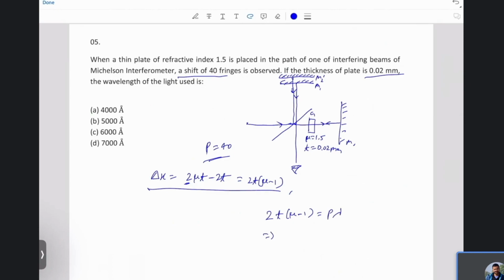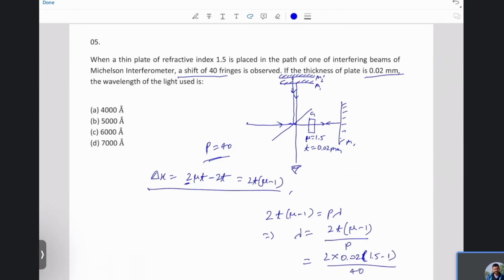P is 40, right? So we can calculate the wavelength of light using this expression, mu minus 1 t by P. The thickness is given as 0.02 mm, and the refractive index is 1.5, divided by P, which is 40.